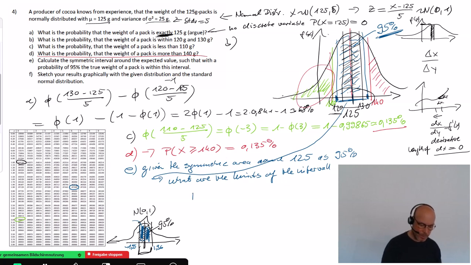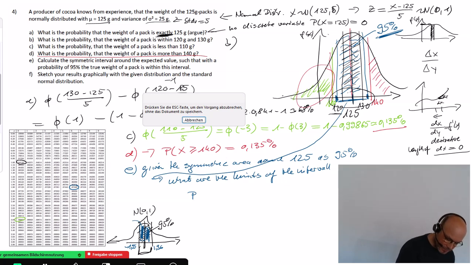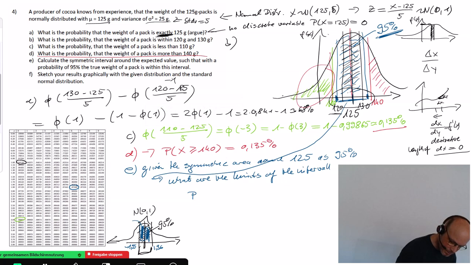So what we then have is x lower bar and x upper bar. What is x lower bar? x lower bar smaller than our x, smaller than x upper bar, when this is 95%.